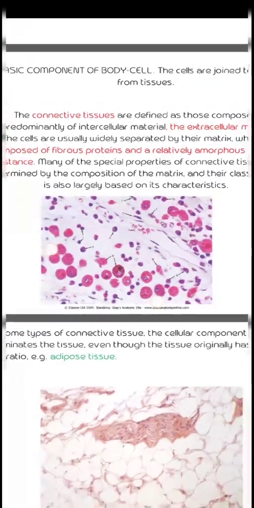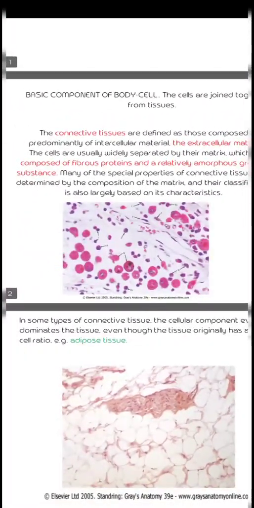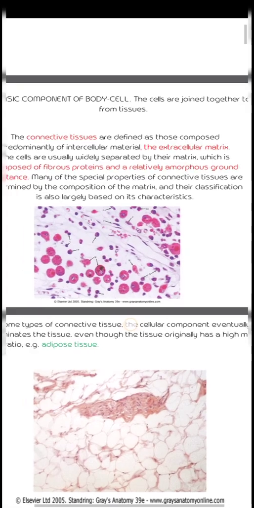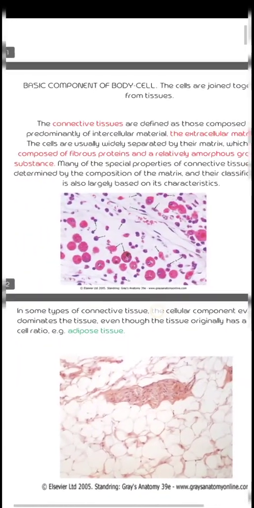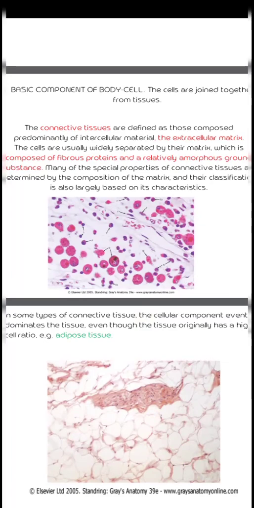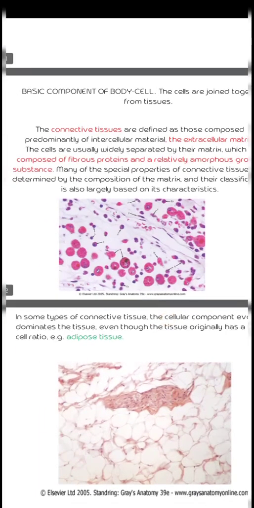Okay, so let's proceed from here. The cells are usually widely separated by the extracellular matrix, which is composed of fibrous proteins and a relatively amorphous ground substance. What is the amorphous ground substance? A substance which does not have a clear shape.